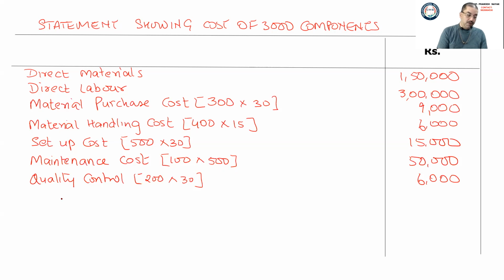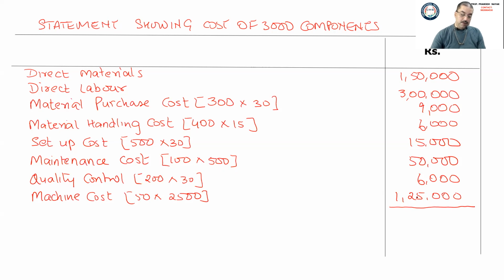And last is machine cost. The rate is 50 rupees, machine hours 2,500, so 1,25,000. Total is 6,46,000.